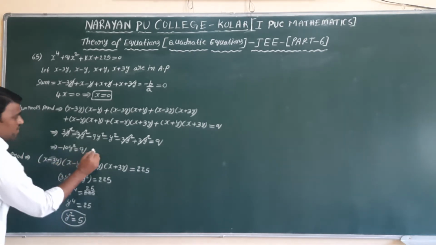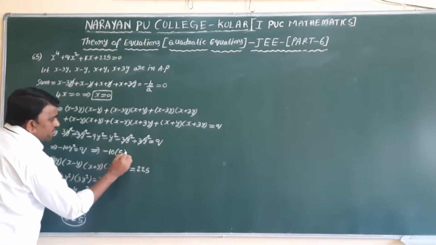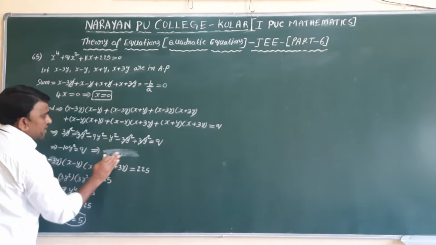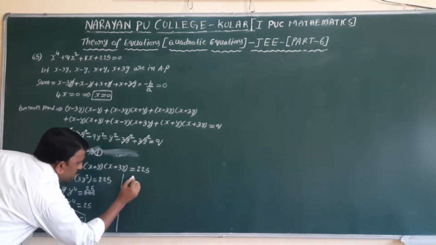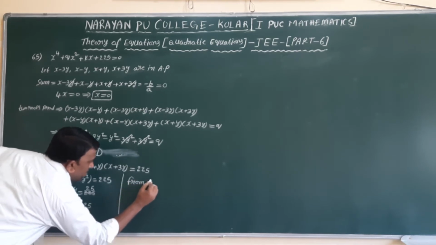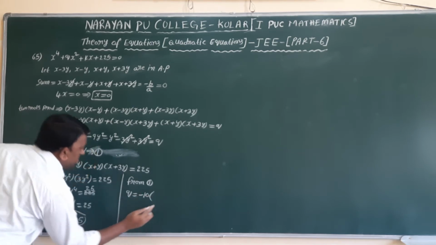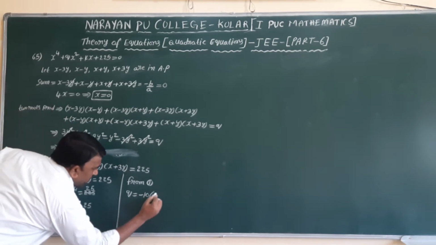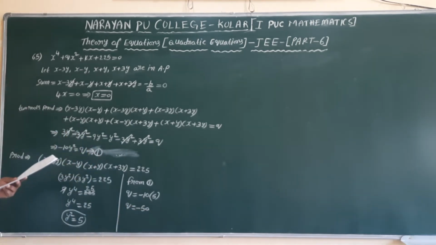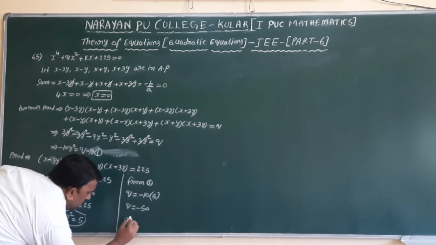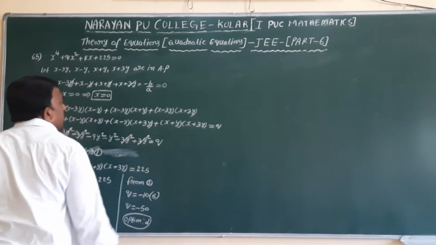Substitute that y square value here, from equation 1, q equal to minus 10 into y square value 5, so q equal to minus 50. The value of q asked is minus 50, option D is the correct one.